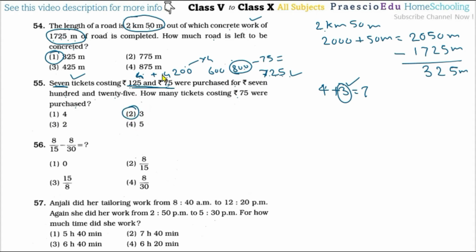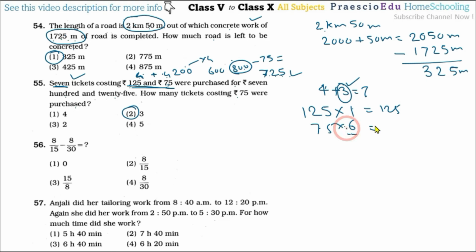If you calculate another way, suppose trial and error, that will consume time. So 125, suppose there is one ticket, that is 125 rupees, and then 75 for the remaining tickets. Suppose there are 6 tickets, because 1 plus 6 should be 7 tickets.